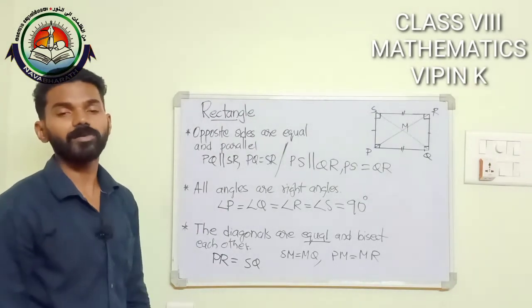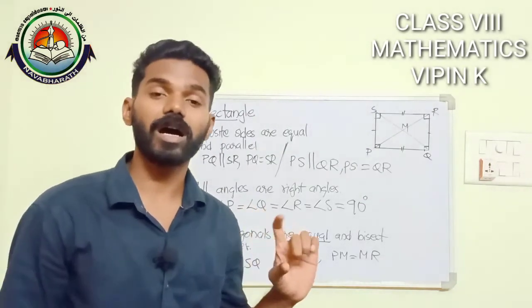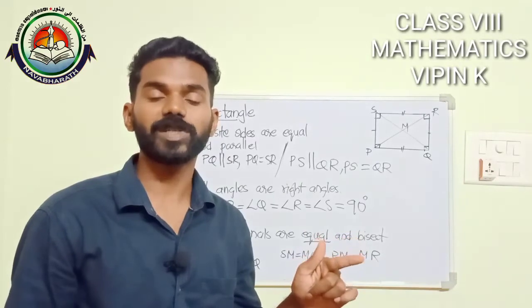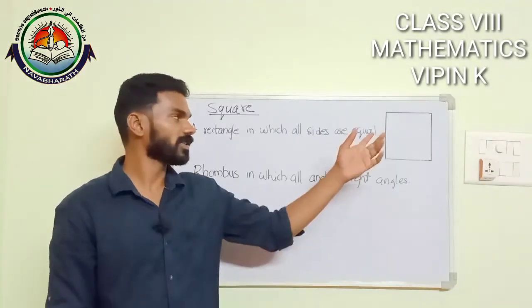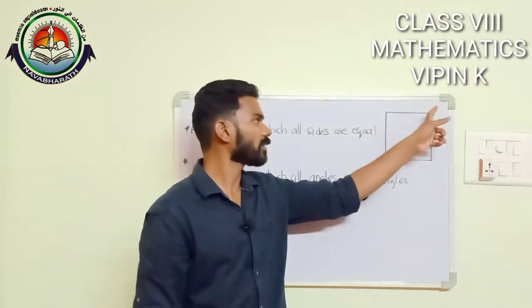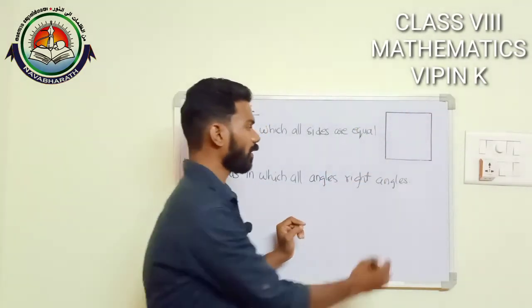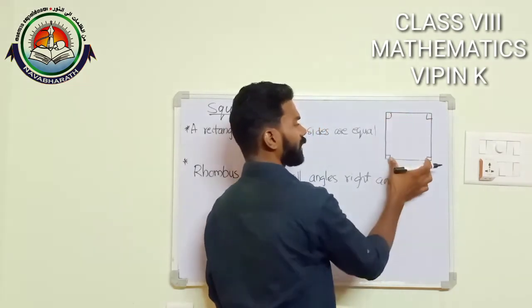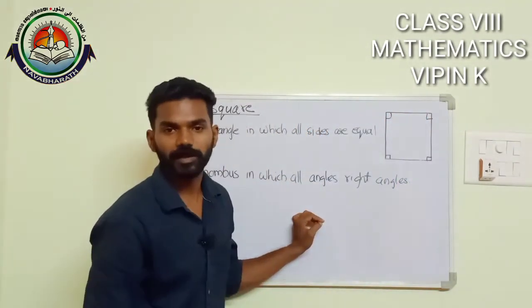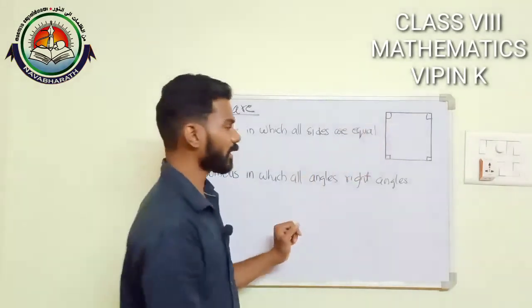Now we are going to discuss the last special type of quadrilateral, which is a square. Look here. Here there is a rectangle PQRS. All these angles are 90 degrees, and the opposite sides are parallel also. Clear?